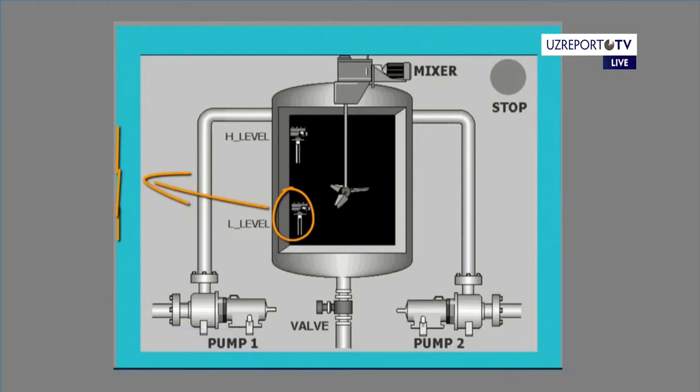Let's imagine again the relay and the technology process. Here we have a low level. Low level is used for connecting and switching off or switching on, it's a switcher. When we detect a low level, that is, the level of liquid is low, it gives the signal to the pumps to switch off.